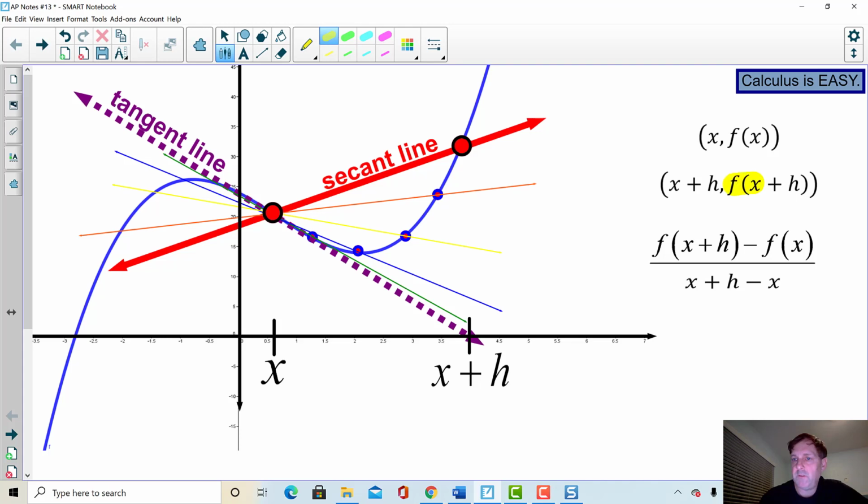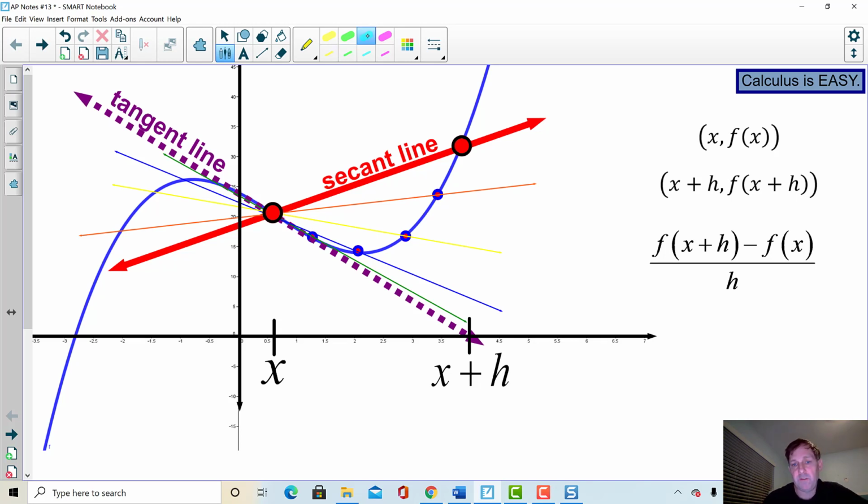So we have y2 minus y1, that's right here, and then the bottom is going to be x2 minus x1. And I think you can see that the x's on the bottom cancel. This x and this minus x cancel, and you're just left with h. Now this is the slope of that red secant line.